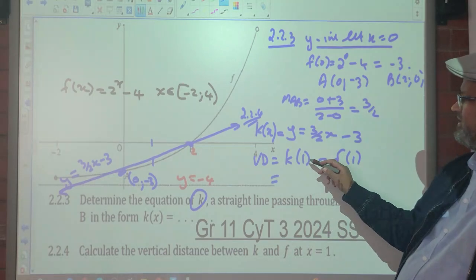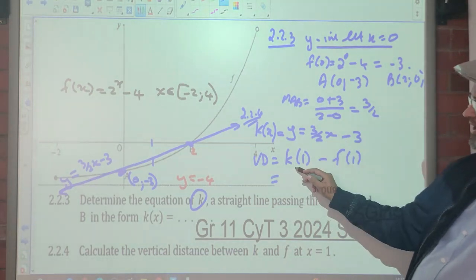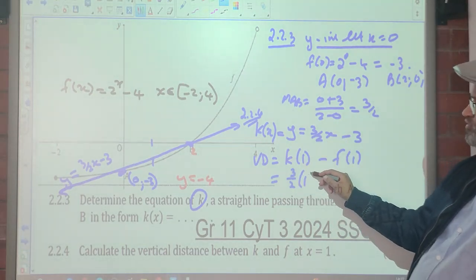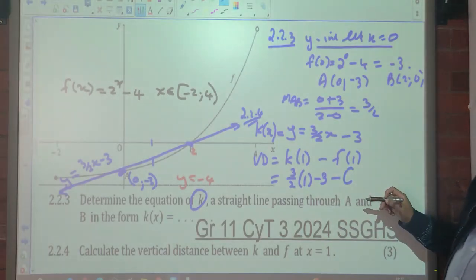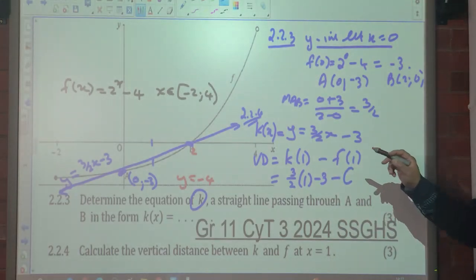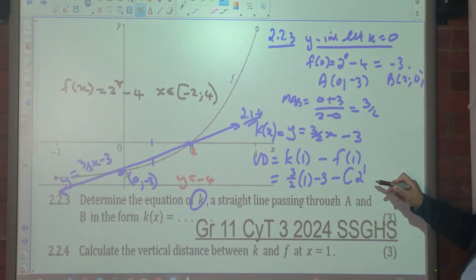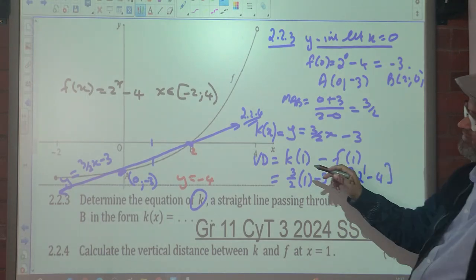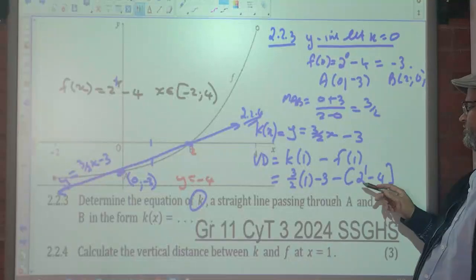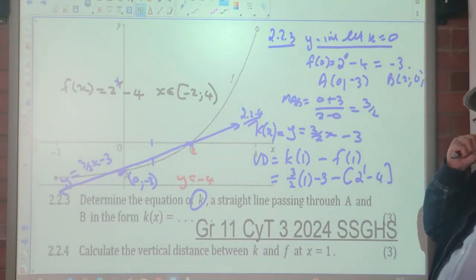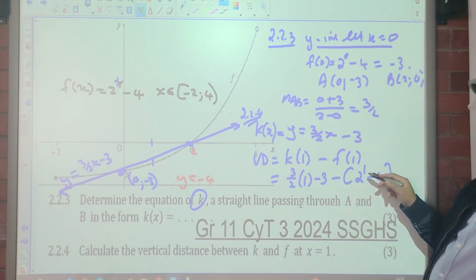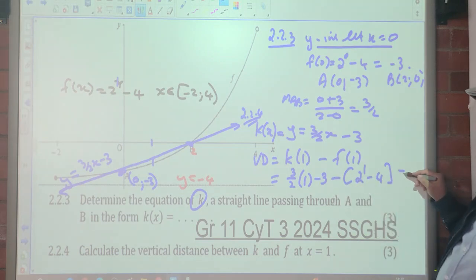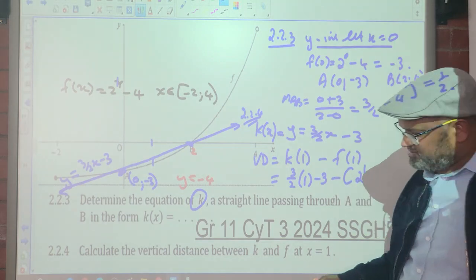So k at x equal to 1: 3 over 2 times 1 minus 3, that's negative 1.5, minus f at x equal to 1, which is 2 to the 1 minus 4. 2 to the 1 is 2, minus 4 is minus 2. So negative 1.5 plus 2 is a half. The vertical distance is half.